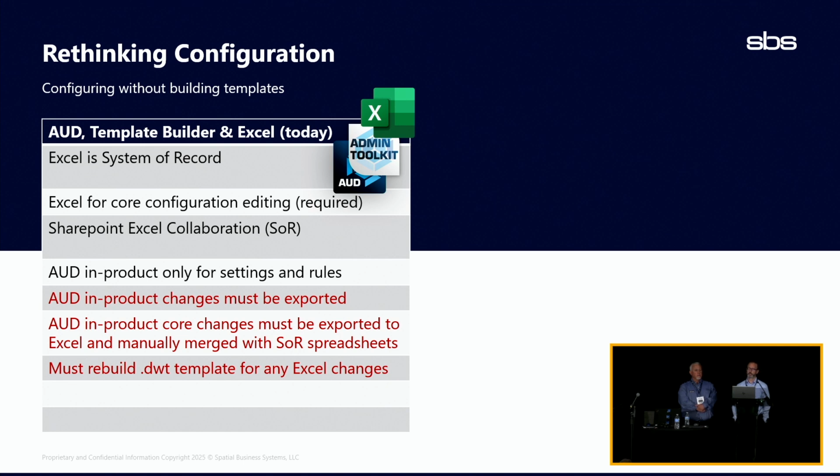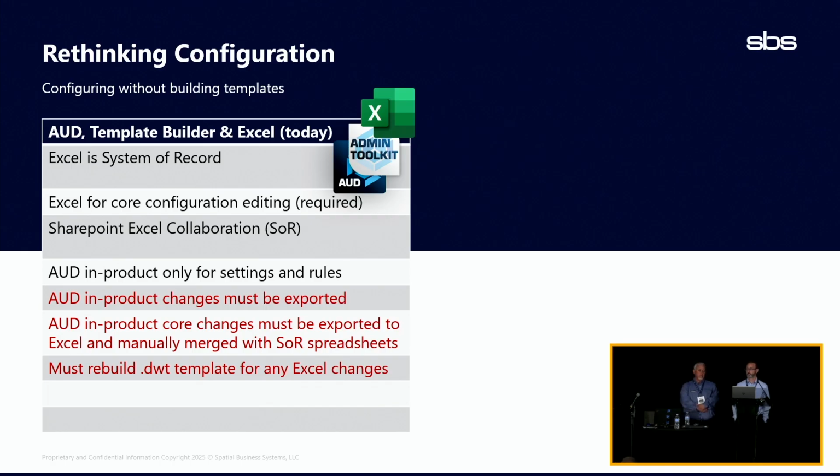But there are some challenges with this, right? There's still a lot of configuration that has to be done in the AUD product. Things like defining rules and various settings aren't configured through spreadsheets, and those need to be made and then exported out for use by the template builder tool.